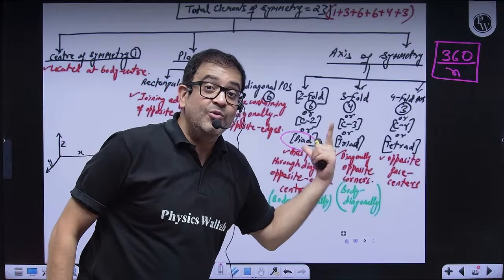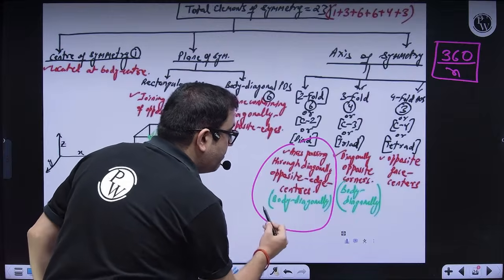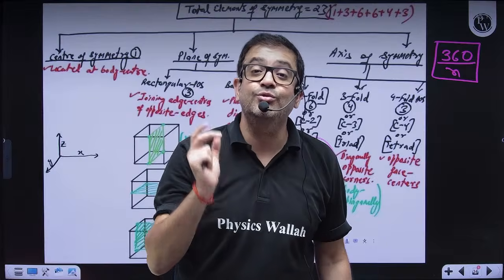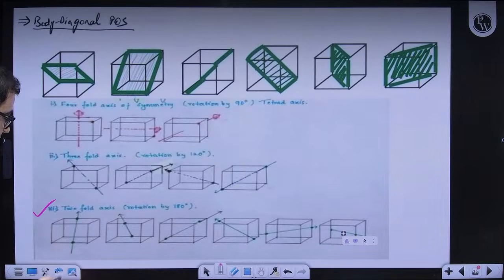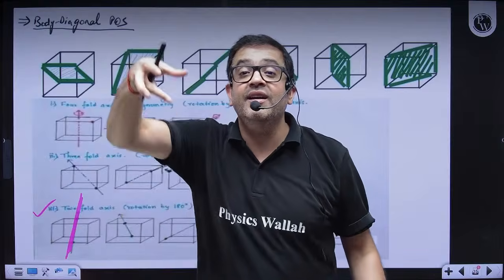Sir, how to find this axis? For that I have already written that it is a body diagonal. That axis passes through the body diagonal. Let us see the pictures. There are 6 types. Sir, this is one edge, this is another edge. Now I am not passing a plane, I am passing an axis, a line. This line is drawn joining what?